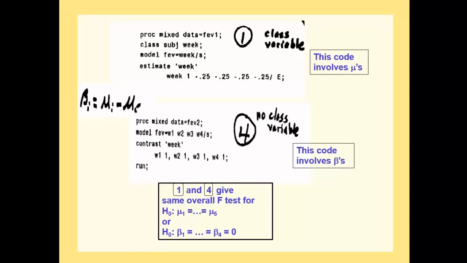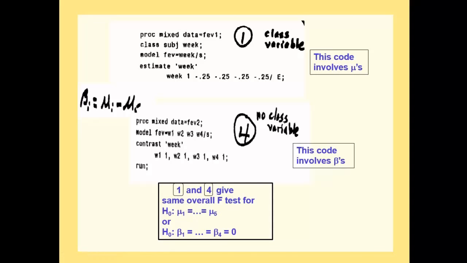So you have to write a statement that allows you to tell the computer that you want to test whether all 4 of them are equal, and this is the way you do it. W1 is 1, comma, W2 1, comma, W3 1, comma, W4 1, semicolon at the end. This set of statements does exactly the same thing as what this set of statements would do in this particular case where you've used dummy variables to define the week variable. So you can do it either way.